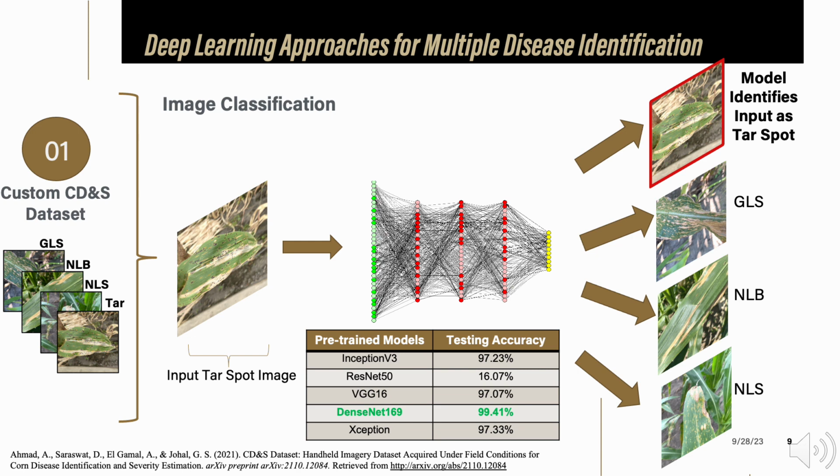Therefore, we first acquired a custom dataset comprising images of multiple common corn diseases from the field settings. Then deep learning based image classification models were trained on this custom acquired dataset, and the highest testing accuracy of up to 99.41% was achieved for identifying multiple corn diseases.